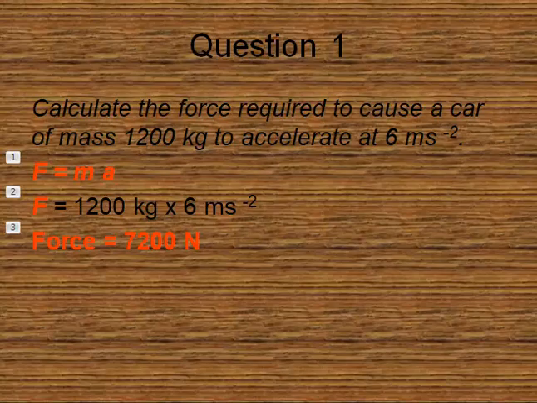Question 1. Calculate the force required to cause a car of mass 1200 kg to accelerate at 6 meters per second squared. So F is equal to ma. From the previous discussion, we have force equal to mass times acceleration. So now we have the mass of the object, which is 1200 kilograms, and its acceleration as 6 meters per second squared.